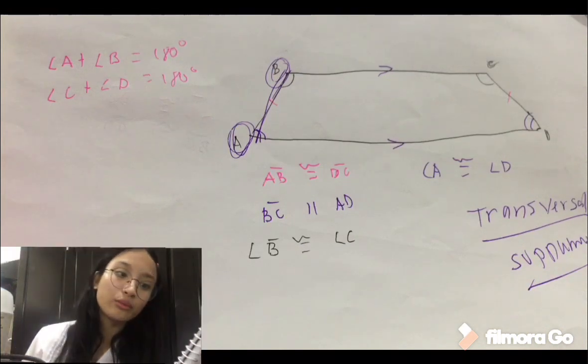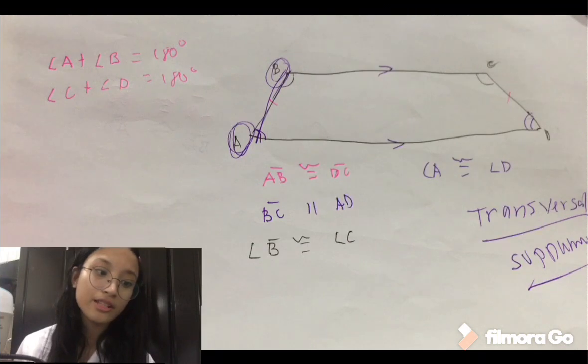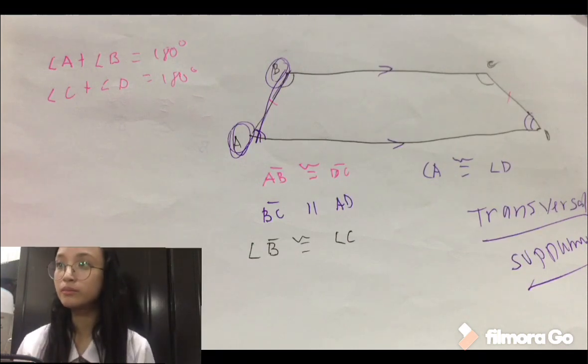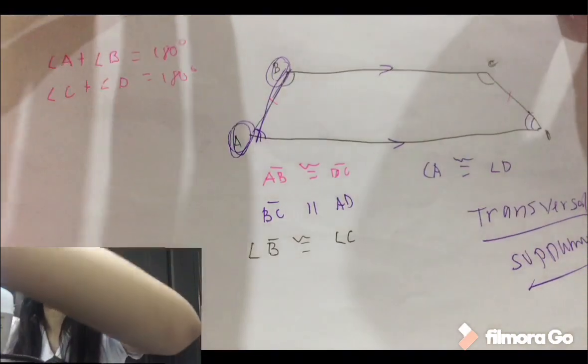Now, the next thing that we need to talk about is the diagonals. The diagonals are congruent. So I'm gonna draw another picture.